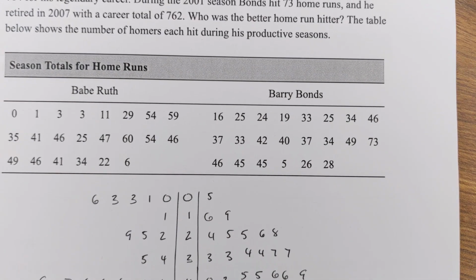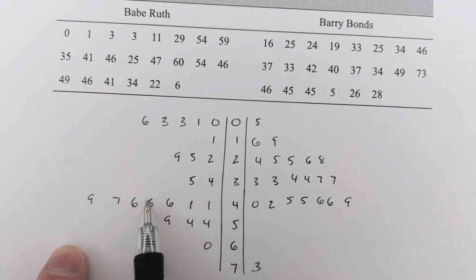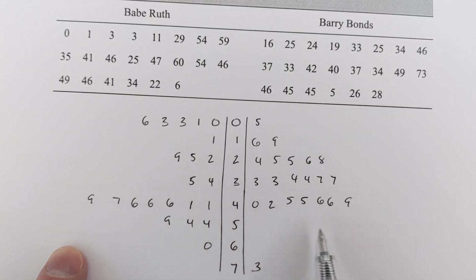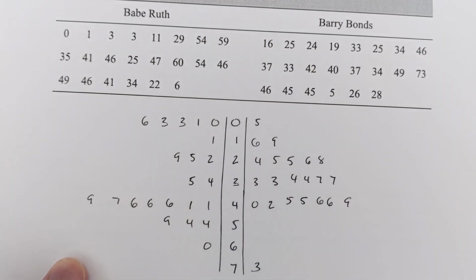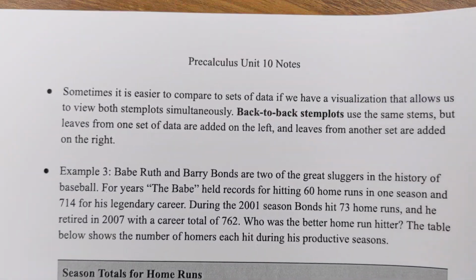So there's your back-to-back. So, what do you say? Babe Ruth is better? Yeah, Bonds has more seasons up here at 49, but the majority of them are way down here. So that's a way to compare them.